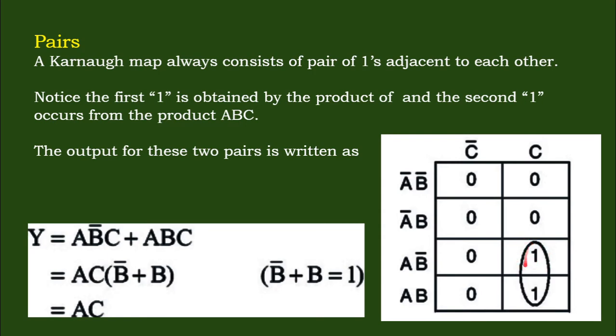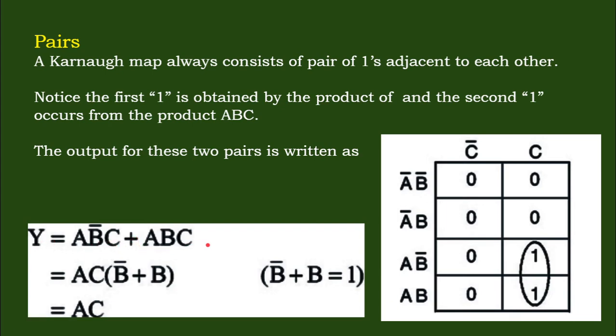Okay, and here we have one more one, which is the combination of A, B and C. So this cell consists of the min term ABC, AB from here and C from here. Now this pair is the adjacent one formed by these two terms, which is AB bar C plus ABC. So Y is written as AB bar C plus ABC.